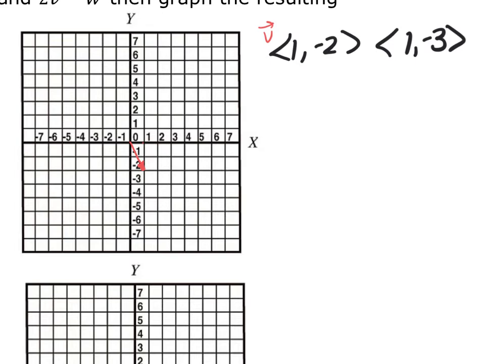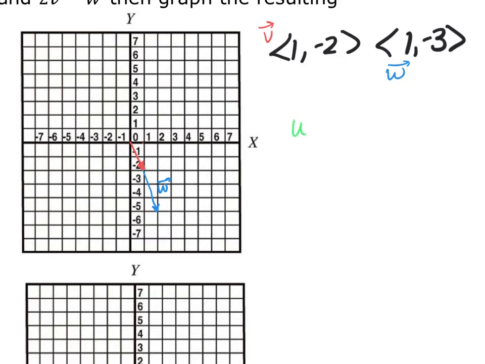Starting at the origin and going over to the right 1 and then down 2, because it is 1 comma -2. From there, I'm going to go my w vector, which is over to the right 1 and down 3. So I'm going to go over 1 more and then down 3. 1, 2, 3. So here's my w vector.